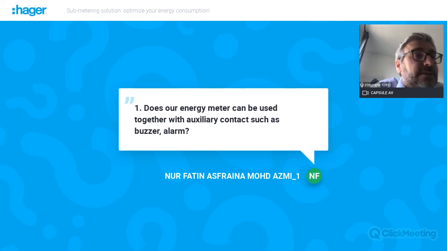Can our energy meter be used together with an auxiliary contact, such as a buzzer alarm? Again, same answer as before. This is more than a meter. An auxiliary contact is more for power measurement devices. It's less linked to energy management, but more to power quality.